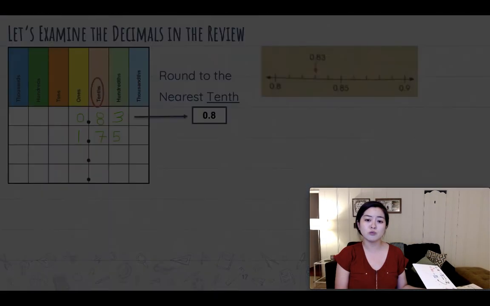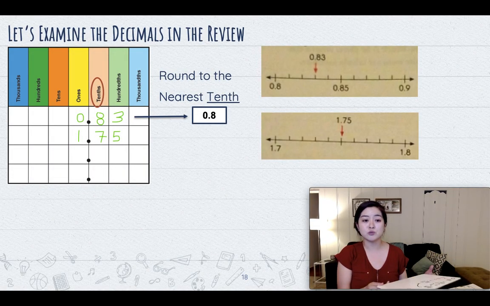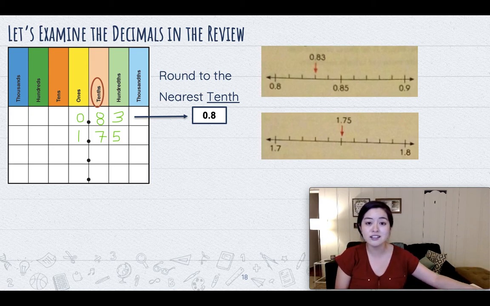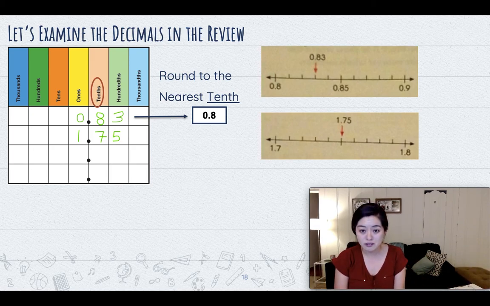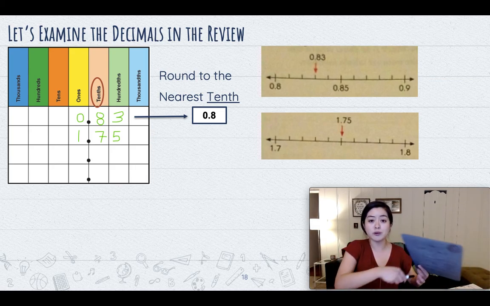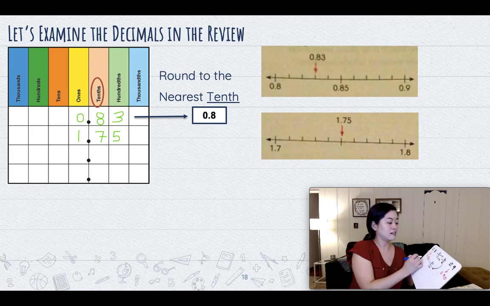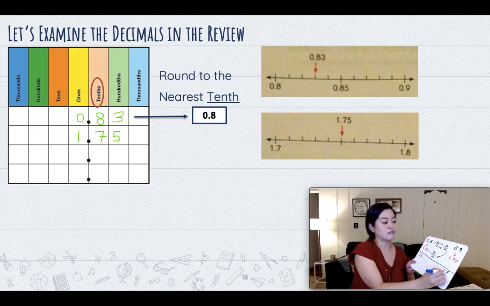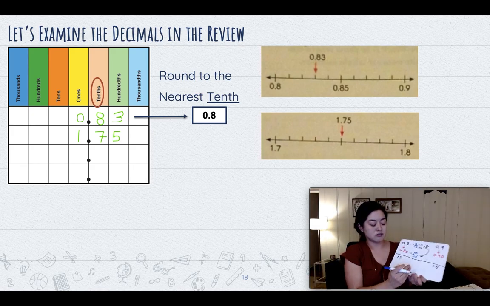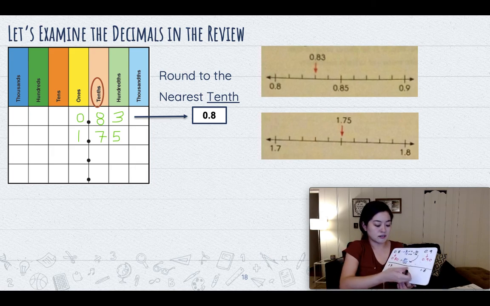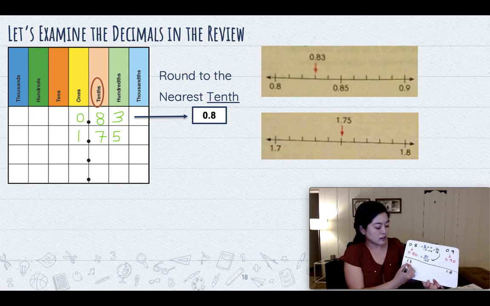Well, I see 1.75 is between 1.7 and 1.8, okay? Because again, 1.7 is the same thing as saying 1.70, okay?